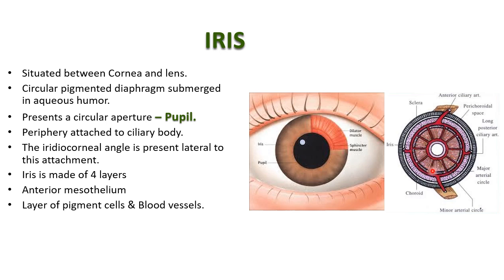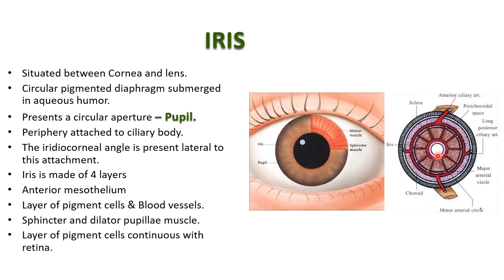You are able to see the minor and major arterial circles in the iris, and it also consists of two sets of fibers. One is the sphincter pupillae and the other is the dilator pupillae. The sphincter pupillae is responsible for constricting the pupil, and the dilator pupillae enlarges the pupil.